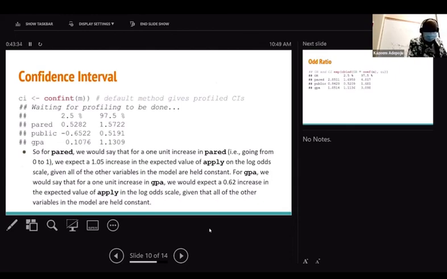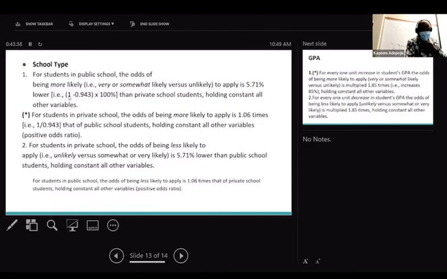That was the reason why, in the first one, I said for students in public school, the odds of being more likely, if I want to get a percentage, I do 1 minus 0.943, multiplied by 100. If you calculate that, you see the 5.71% we talked about.